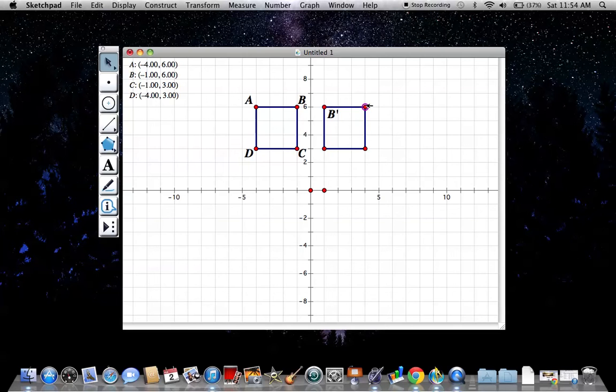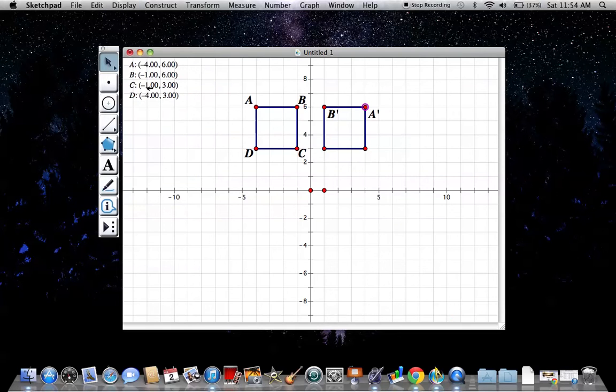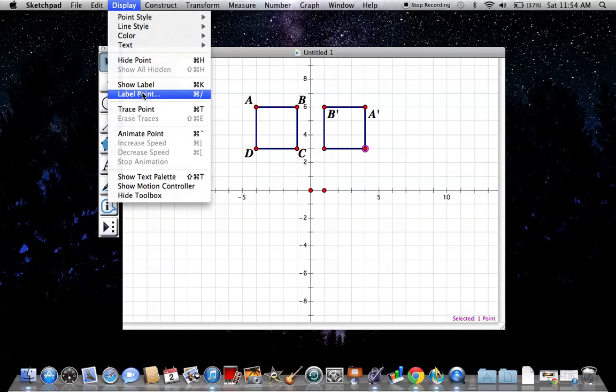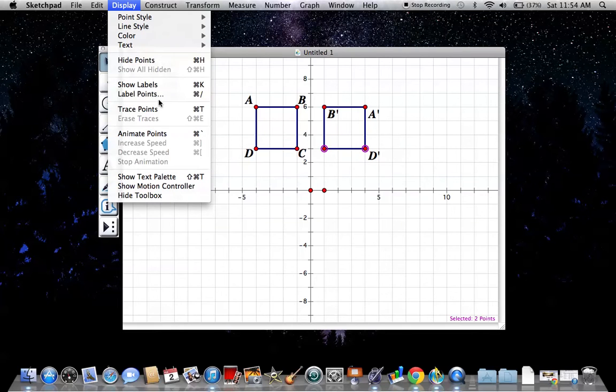When I reflect this one, it would be A prime. I reflected it all the way across. Here would be D prime, and here would be C prime.